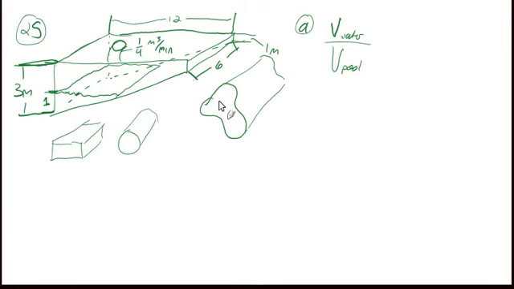Okay? Any of these, if you take the area of the face and multiply it by its depth or its length, whatever you want to call it, along this dimension, right? Its area times its length or depth, that would be its volume.